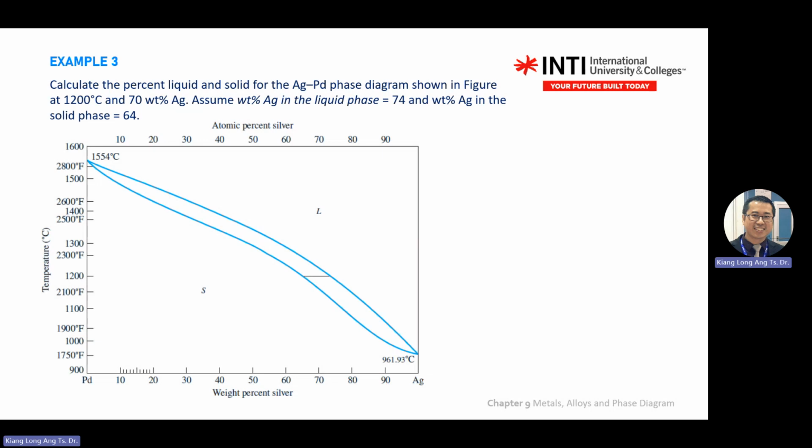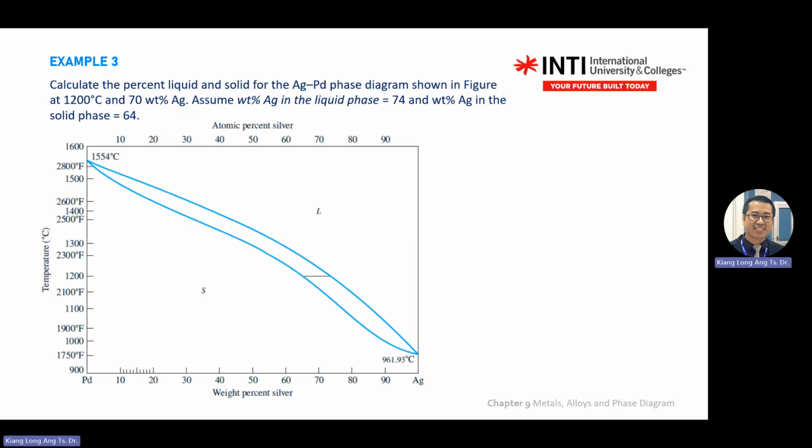So again, if you don't know how to solve, just follow the SOP. First, draw where is your X, where is the question target. In this case, 70% of Ag. Go to the graph, find 70%, draw one line up, label X, or at the bottom, label it WO.